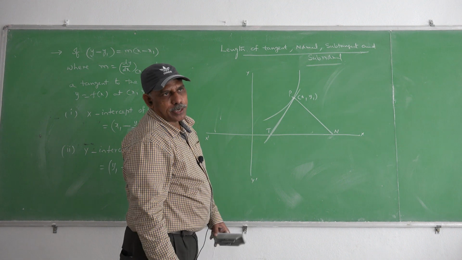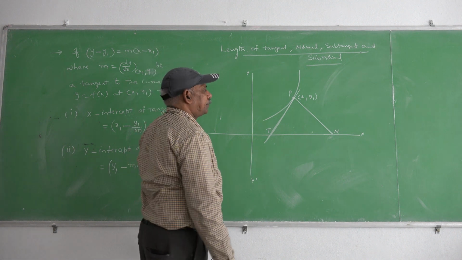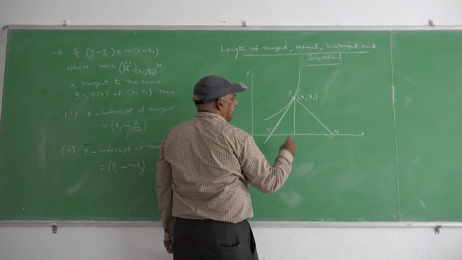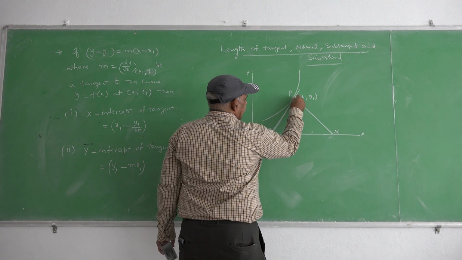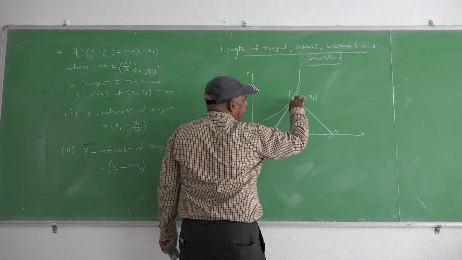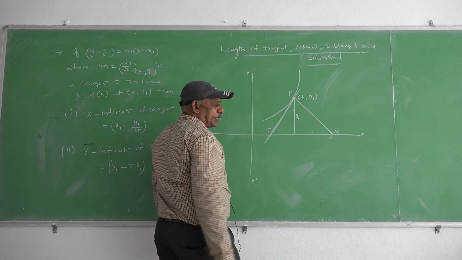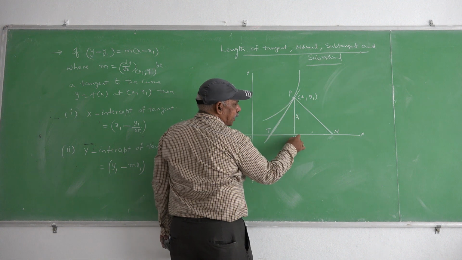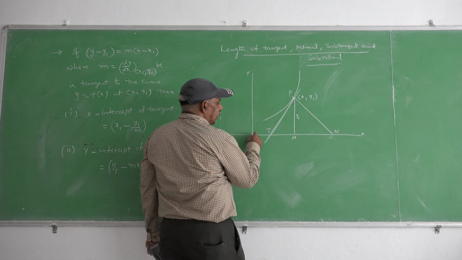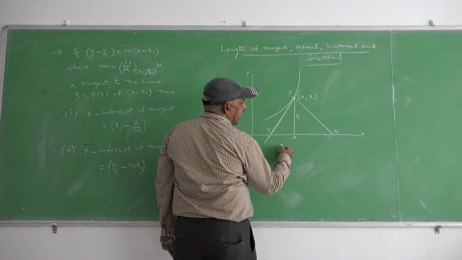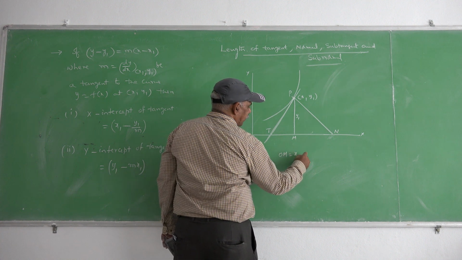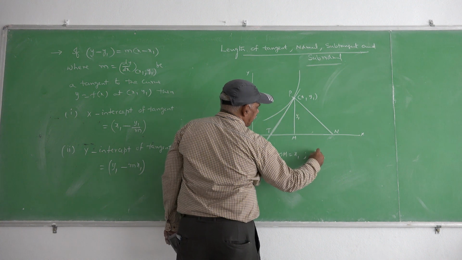Once you drop the perpendicular to the x-axis, the length of this perpendicular is the ordinate, the y coordinate of the point, and the foot of the perpendicular is, suppose, M. Here OM is x1 clearly, and PM is y1.